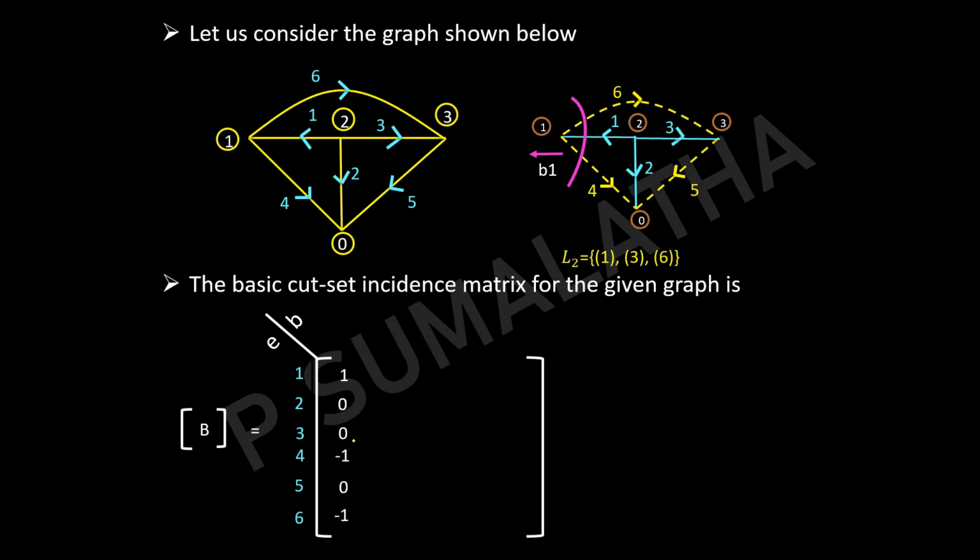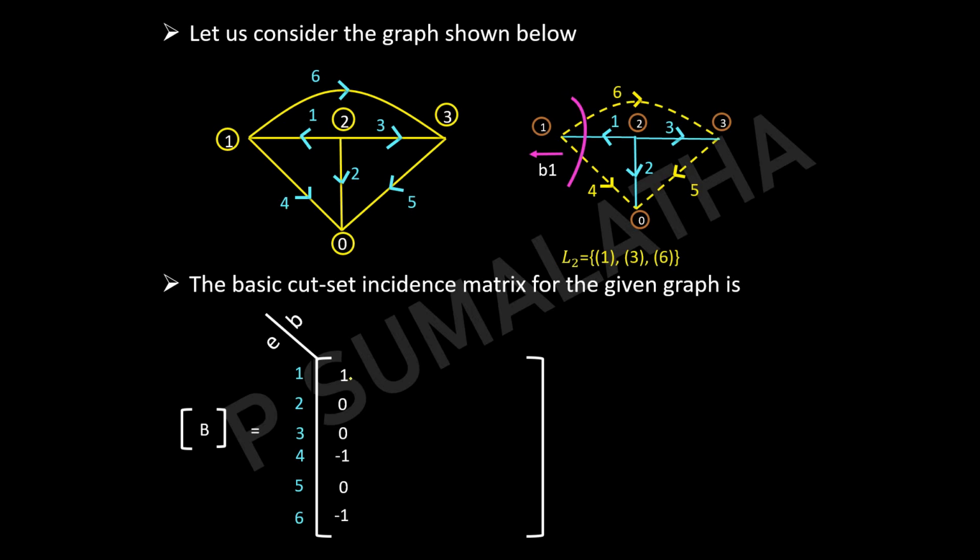These elements are represented by default as Bij. I is the element number, J is the cut set. When Bij becomes 1, it means the element is incident to this basic cut set, and the direction of this element is the same as this cut set direction.